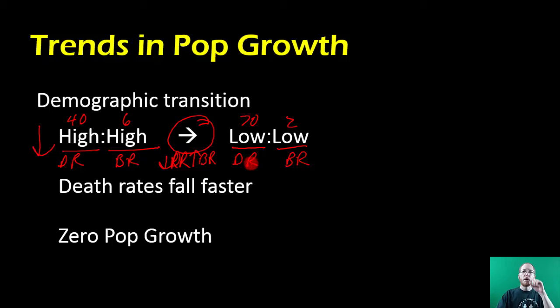Now, eventually, when we get to a very industrialized portion, we can oftentimes reach zero population growth. What that means is the birth rate and death rate are essentially equal, and so this would be a population that's no longer growing at all. This would describe many industrial countries. You've got Italy, you've got Germany, you've got Japan.